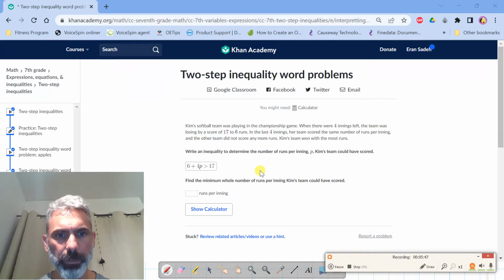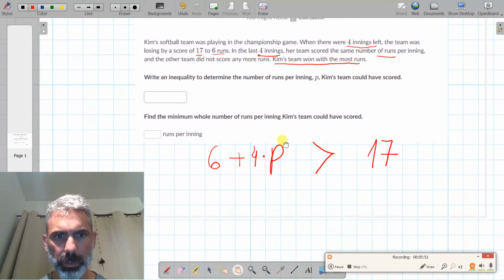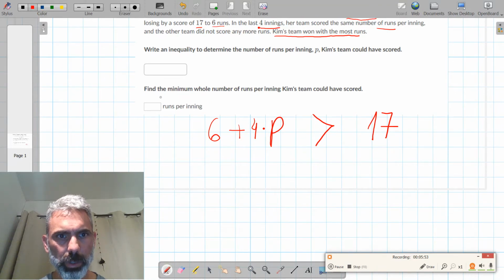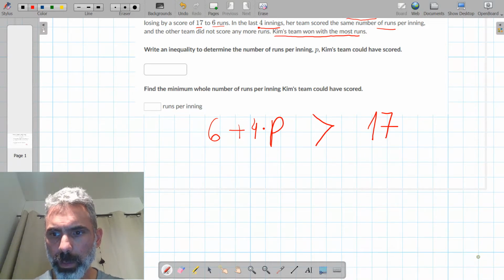Now we need to simplify this inequality to answer the next question, which is find the minimum whole number of runs per inning Kim's team could have scored. Okay, so let's see.